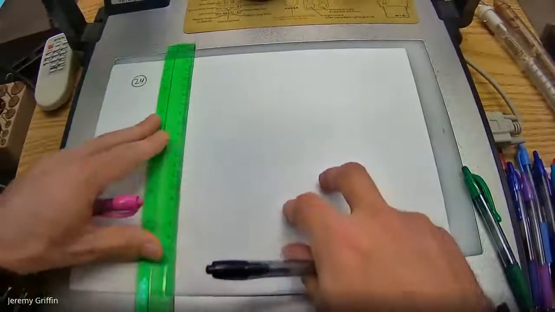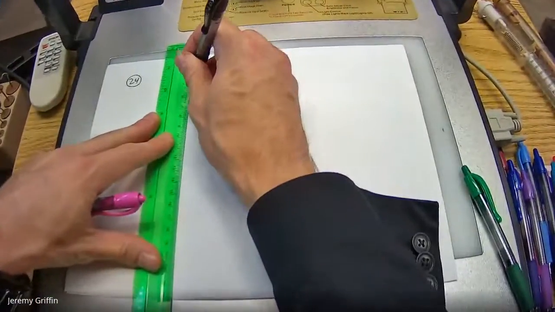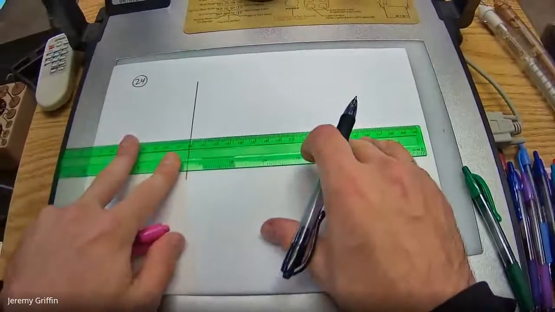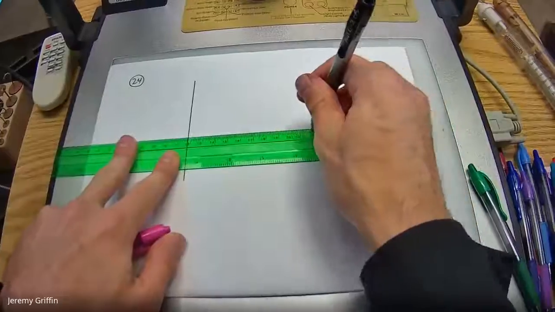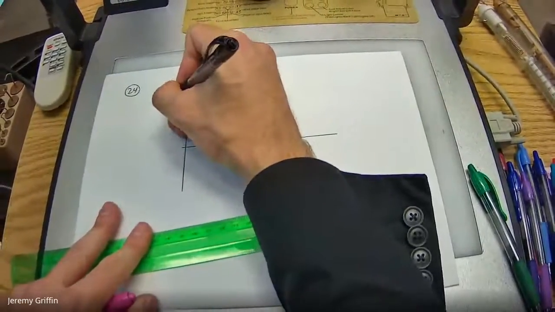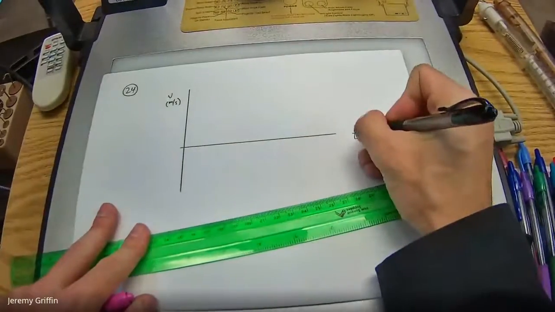In number 24, they give you a velocity versus time curve, and they ask a bunch of questions about it. So I'm just going to make it my own. Velocity versus time.